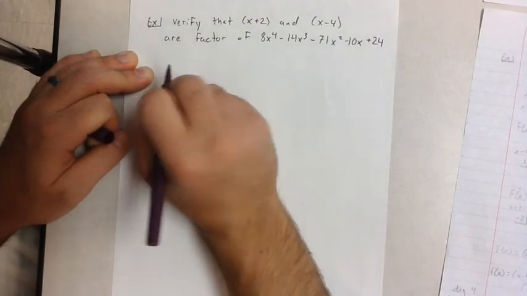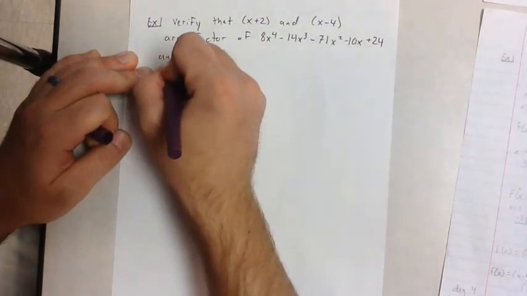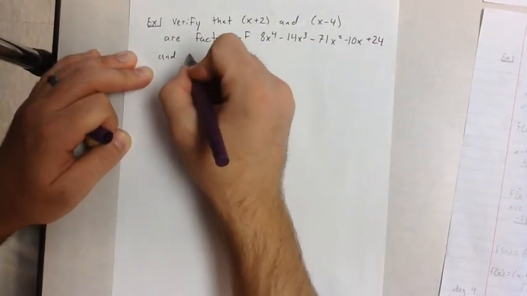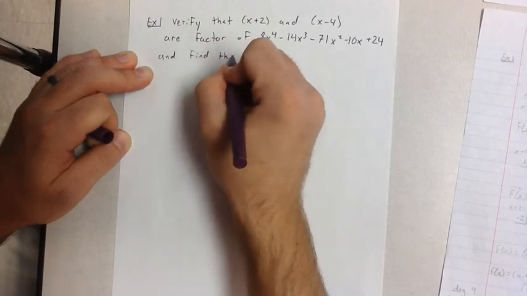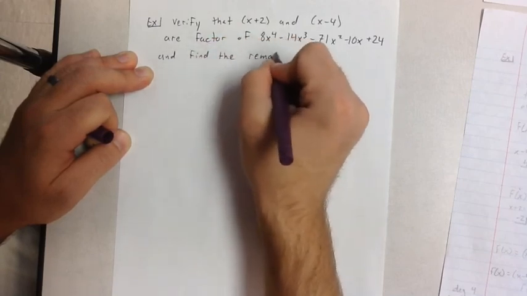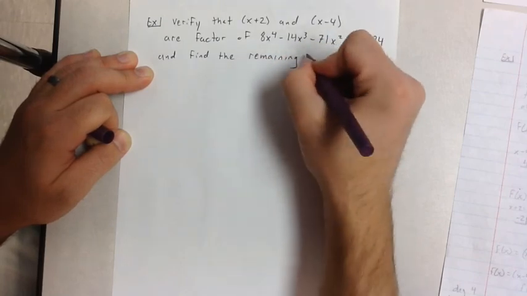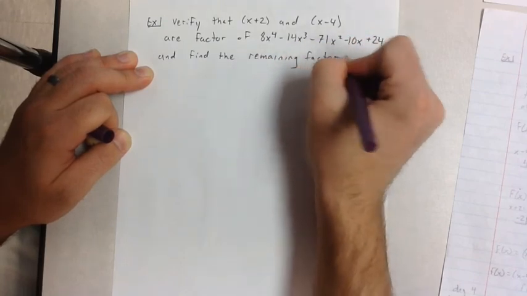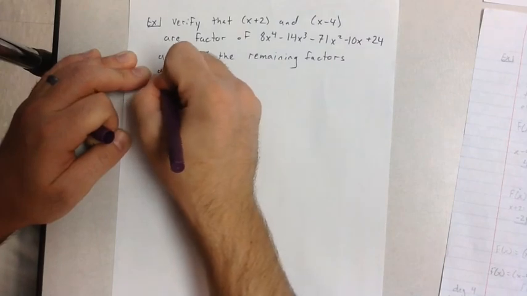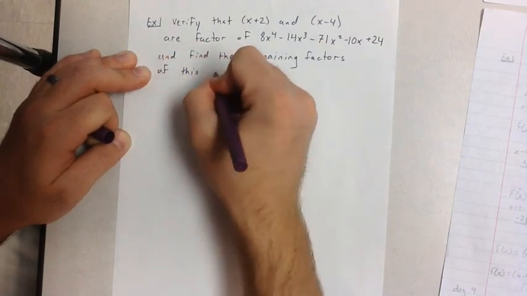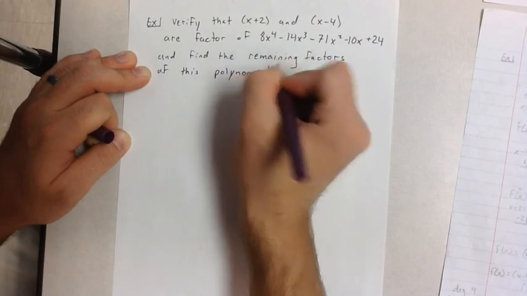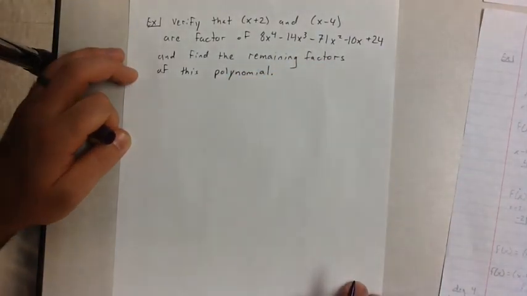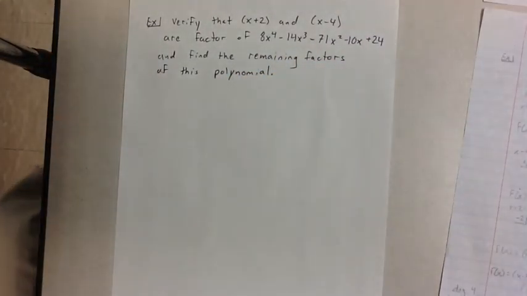and then find the remaining factors of this polynomial. So very similar to what we just saw.